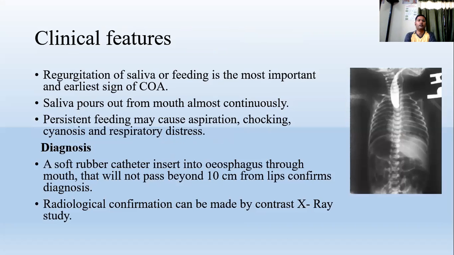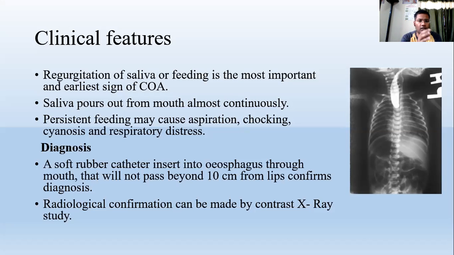What are the clinical features in the case of congenital esophageal atresia? The first thing is regurgitation. If only atresia is there and there is no fistula, then there is no respiratory distress initially. The only feature is regurgitation of the saliva secreted in the mouth or whatever feed you give that baby, that is, continuous dribbling of saliva and milk from the mouth.